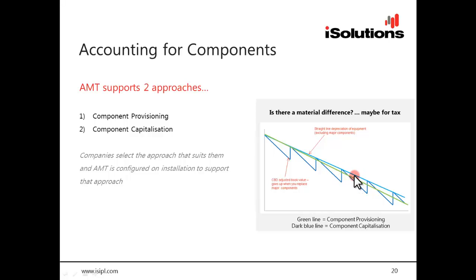Sometimes you hit on one, sometimes you hit on the other, and then eventually towards the end, your end point is going to be pretty much the same. That's probably the only material difference that we can see. So it is important to recognize, as we jump into the detail of this, there's two completely different approaches, but they both, in our view, end up at a very similar point.